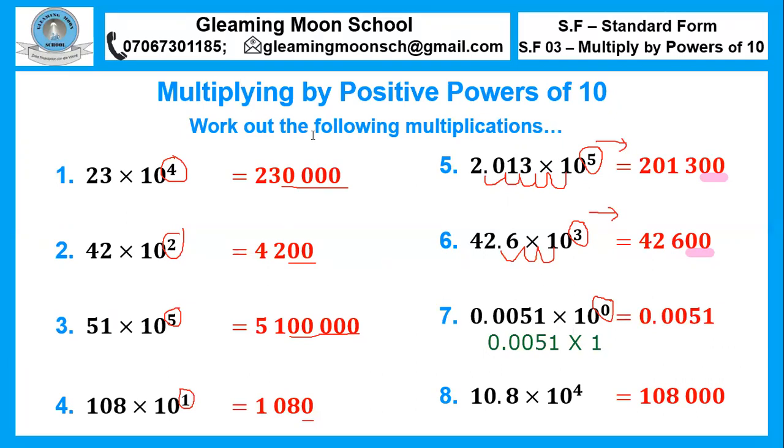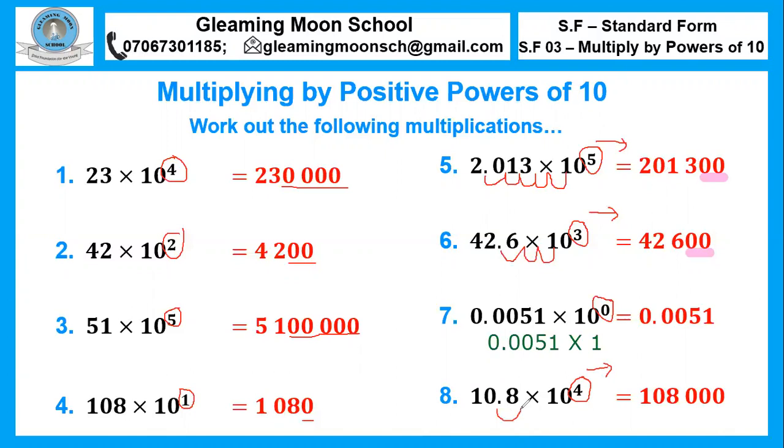Cool. Okay, so let's look at the last question. 10.8 times 10 raised to the power of 4. Again, the power says 4. Your decimal point is here. Your power is positive, so you're moving it to the right.